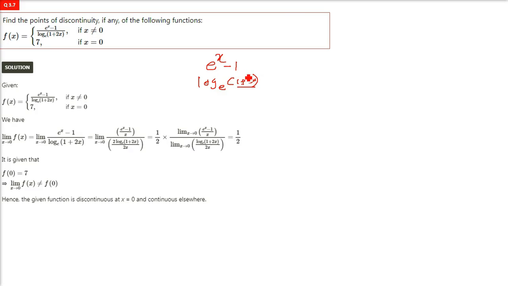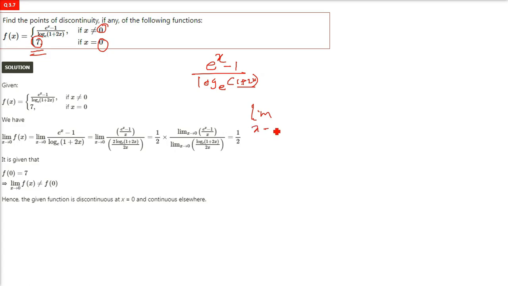Both functions are continuous. But when we divide them, they will also be continuous because it is of the p by q form. But the value of the function at x equal to 0 is 7. So whether the limit of this function matches with 7 will decide the continuity or discontinuity of this function at x equals 0.